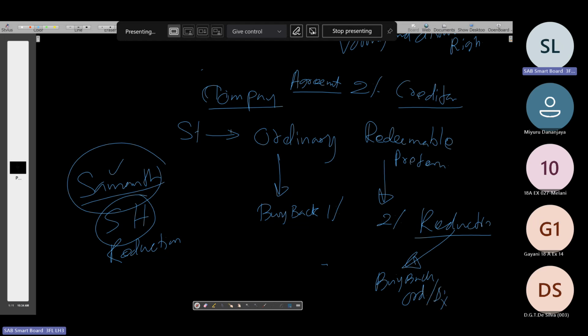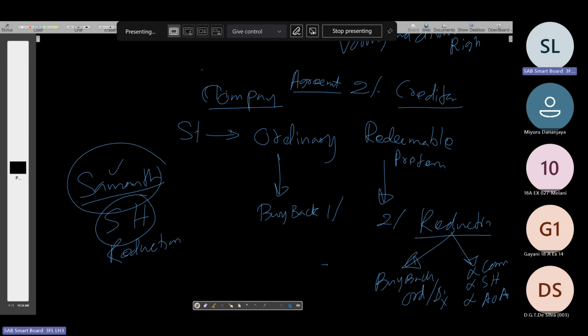Buy back ordinary shares. And redeemable shares may be redeemed on the option of the company, on the option of the shareholder, and on the date specified in the articles of association.